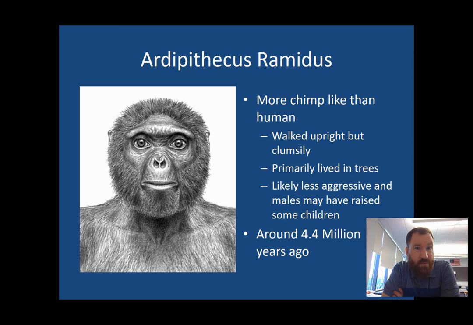The species was primarily tree-dwelling, so more similar to a modern-day chimp. And we actually know that because of the curved nature of their finger and toe bones. So the bones in their hands, right, are actually curved. A chimp, even today, a tree-dwelling animal, their hands don't go flat, right? They're constantly curved to help them grip the branches that they're maneuvering around on.